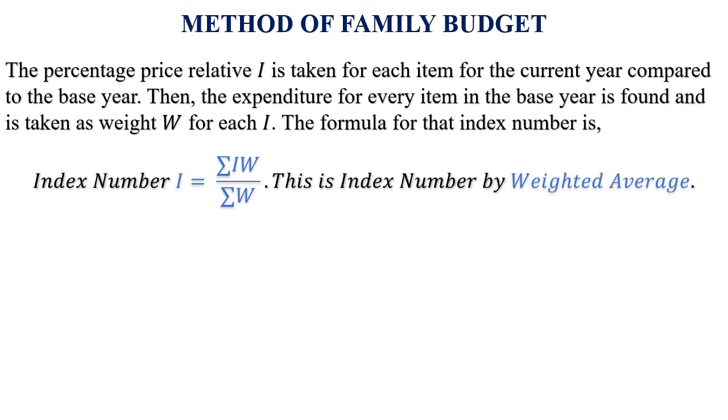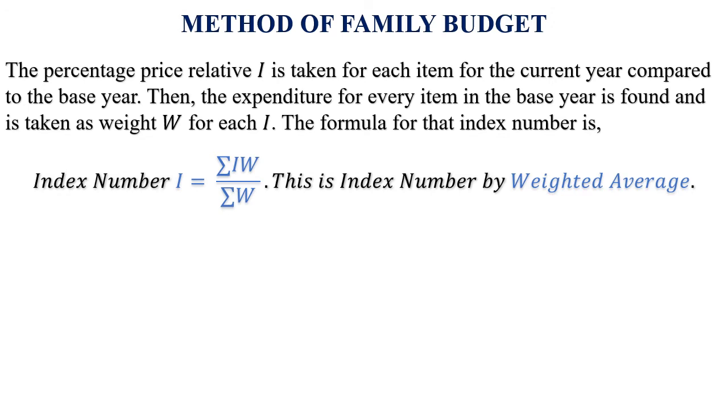Remember that the answers calculated by Laspeyres' method, I mean total expenditure method using the base year quantity, and the family budget method will be the same. So whether you use the total expenditure method or the family budget method, you will get the same answer. Okay, so which method to be used depends on the question, depends on the data.